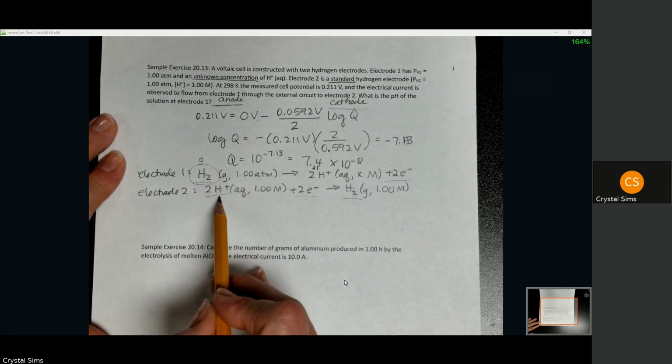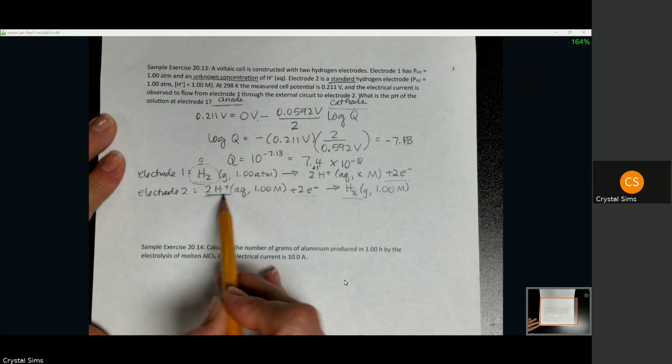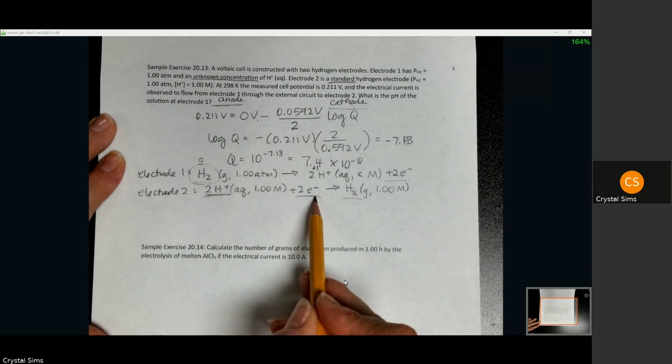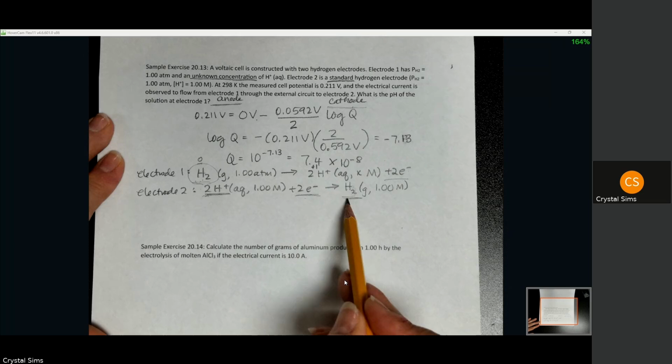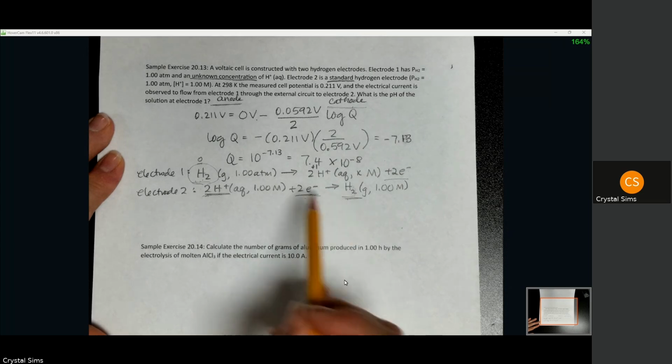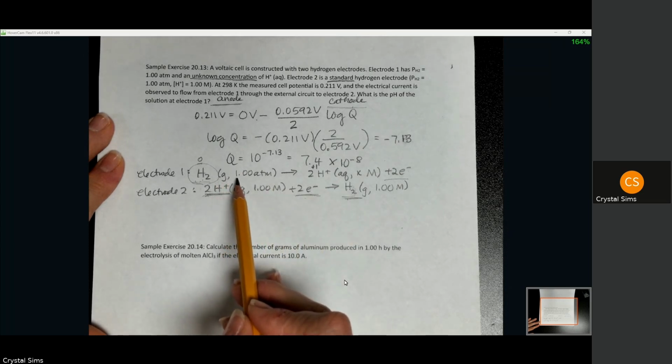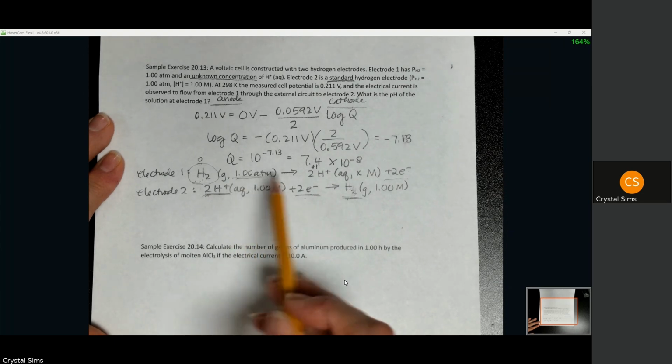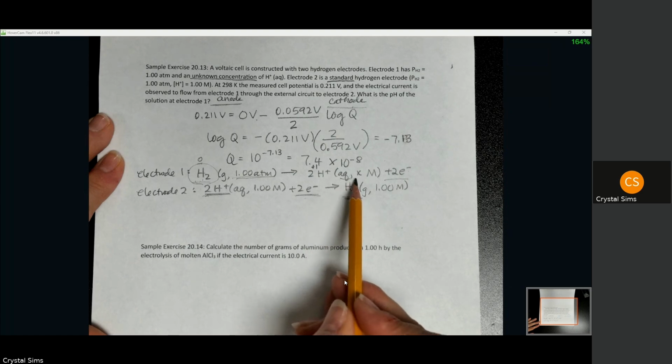And in order for electrode 2 to receive those, there had to be some ions free to receive the electrons to form the gas. I know that my partial pressure of this is 1.00 atmospheres, but I don't know the concentration. That's what I'm trying to figure out.